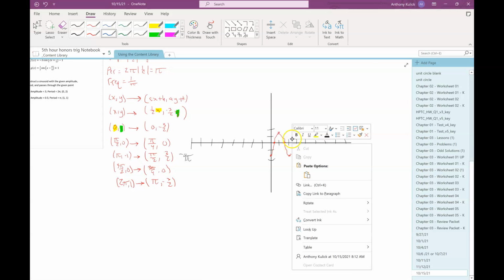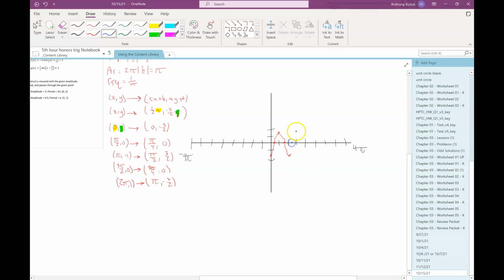So midline, maximum, midline, minimum, midline, maximum, midline, minimum, midline, maximum, midline, minimum. So filling this in.